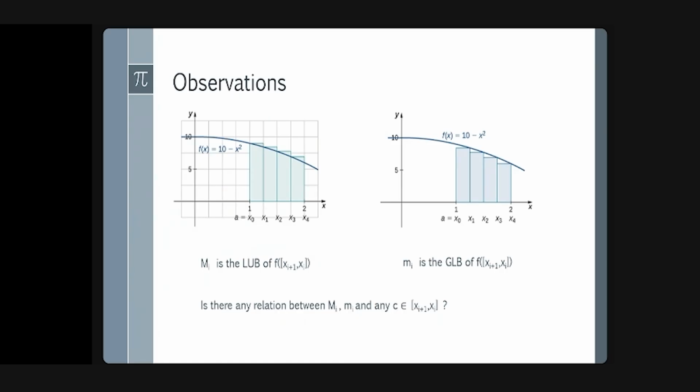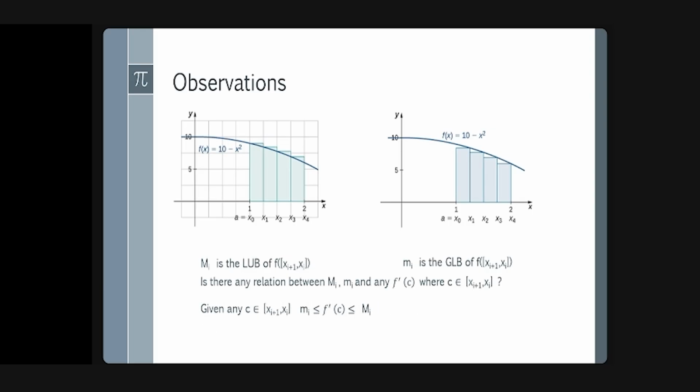F dash c is actually an image of c, where c belongs to the ith interval. Mi is our LUB, and small mi is the GLB. Is there any relation between them? Yes, there is, absolutely. By the definition of LUB and GLB, we know that this particular inequality holds, and it will hold for every c, right?